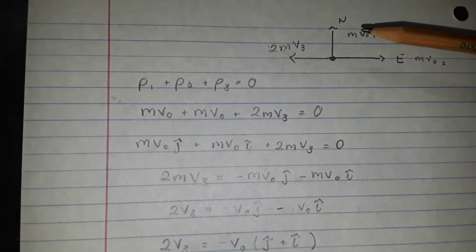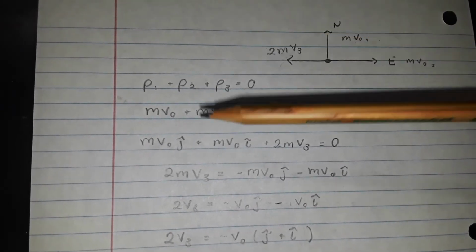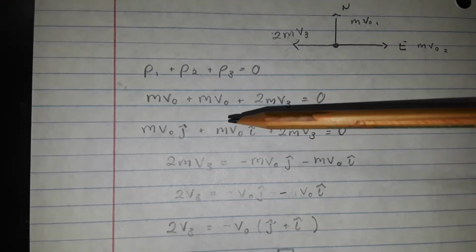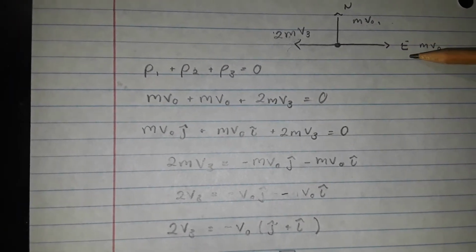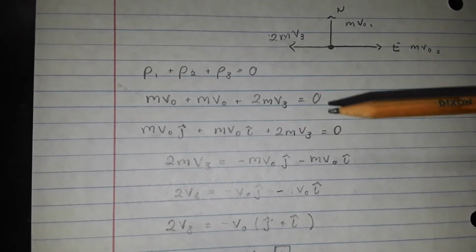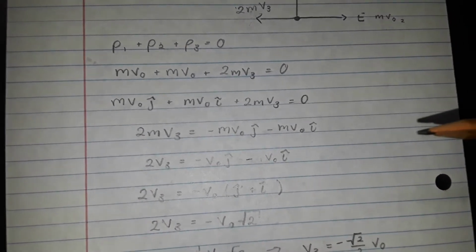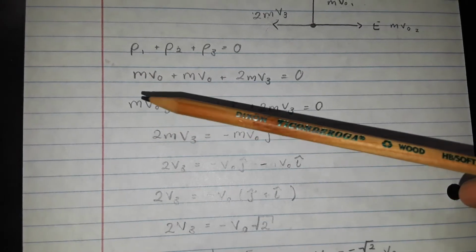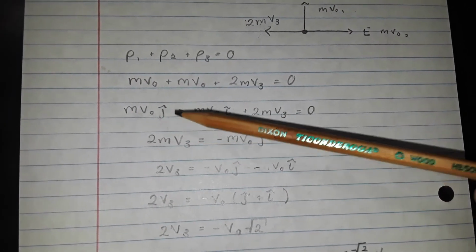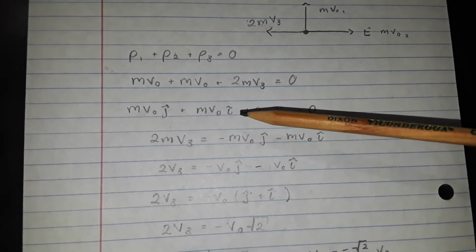Okay, we want to put directions to it because these are vectors. So we're going to denote the north side with j, then the east side with i. This will of course be in the negative i direction, but we just want the magnitude of the velocity right now. The vector for north is represented by j hat, and the vector for east by i hat.